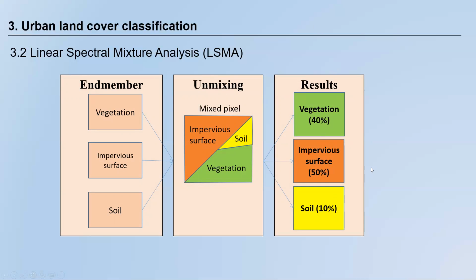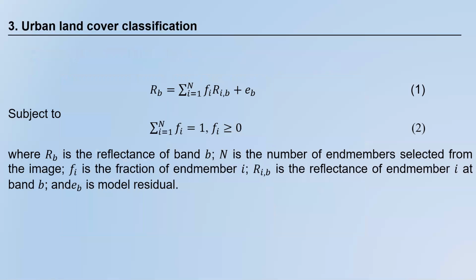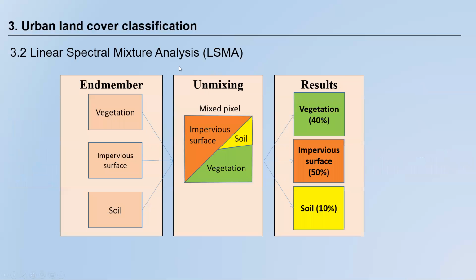So how to carry out LSMA? It's very simple. In LSMA, we assume that the reflectance of a single pixel is the linear combination of reflectance from all land cover types, or all end members, within this pixel.